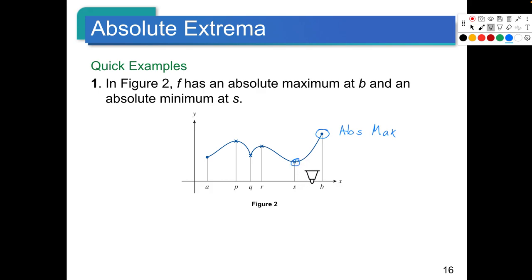So again, this would give us our absolute minimum. And if we had numbers on this graph, we could actually look them up. We could find out what those y values are, what the x values are, and we could list those. And that's what we'll be doing in the homework.